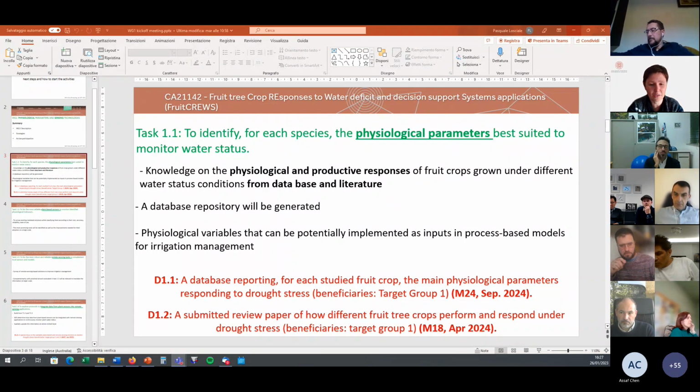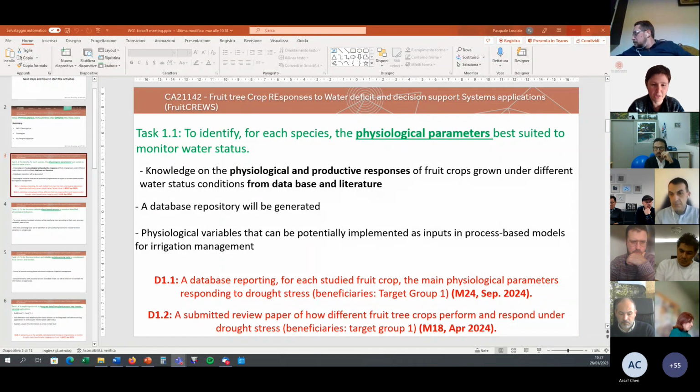So the calls are open and available. And the idea is to send people, PhD students, postdocs, to another lab within the COST community, the FruitCREW community, and also to carry out part of this work.